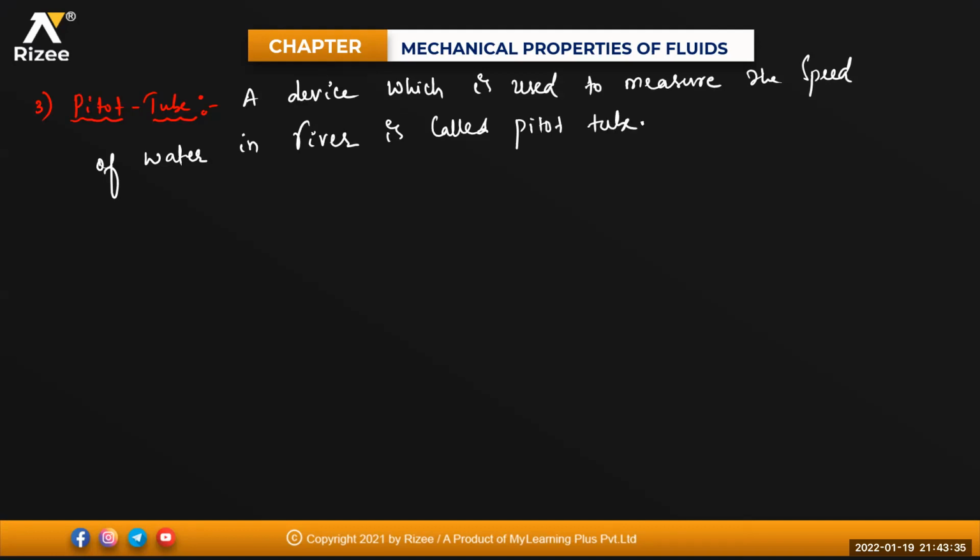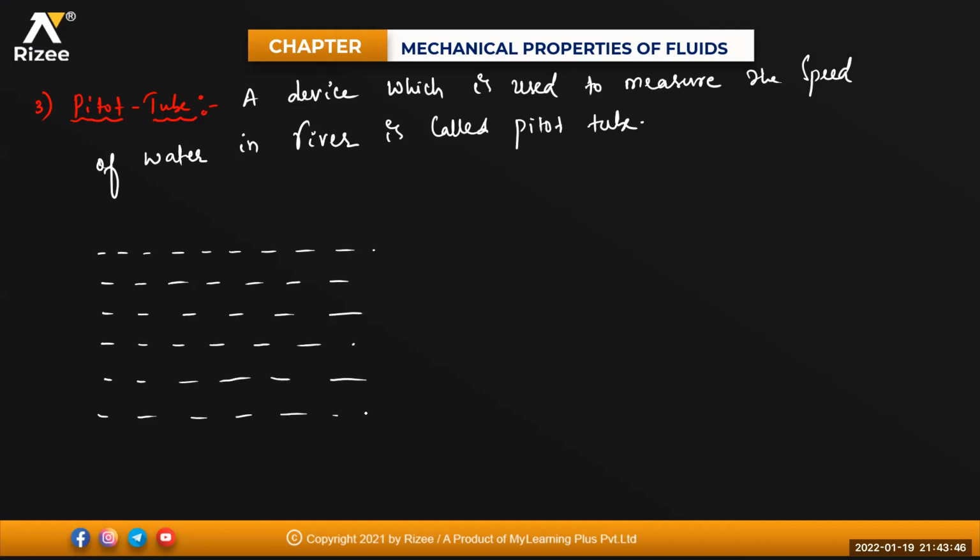Here, beta, say this is your river flow. Now in this one, we have an L-shaped instrument like this. This is the opening here.